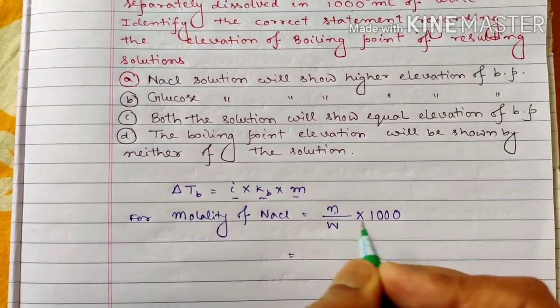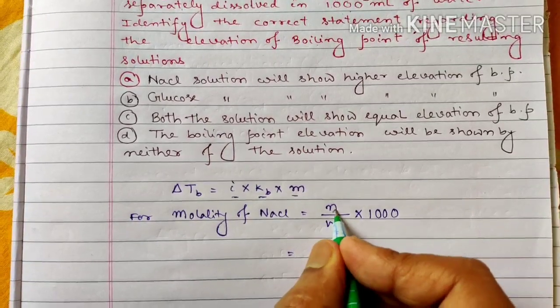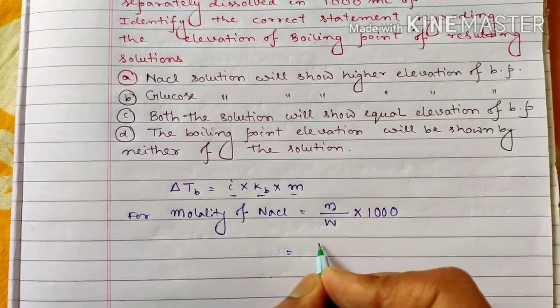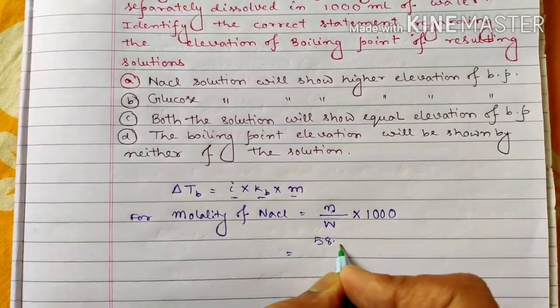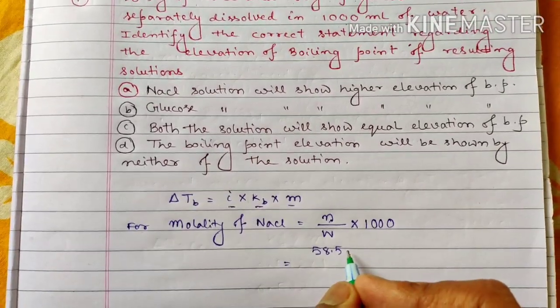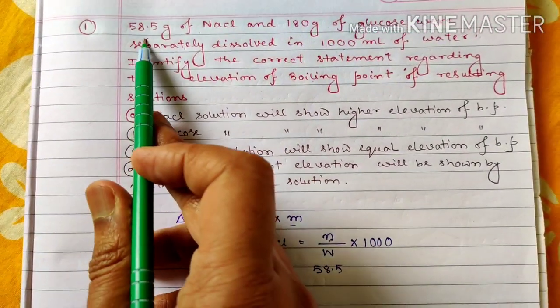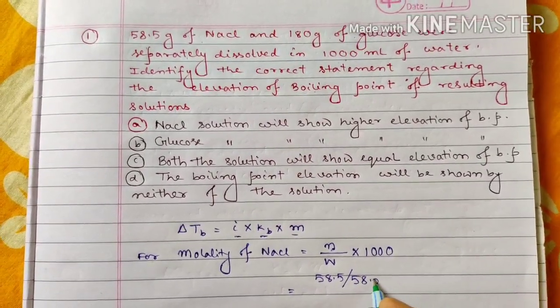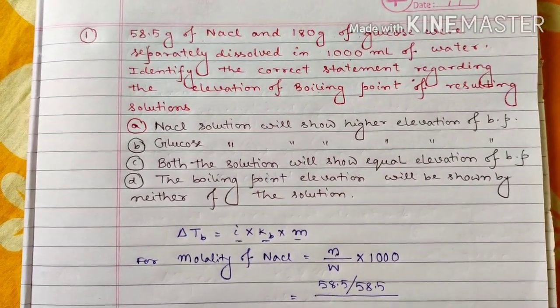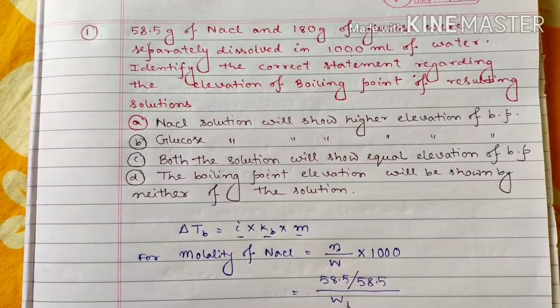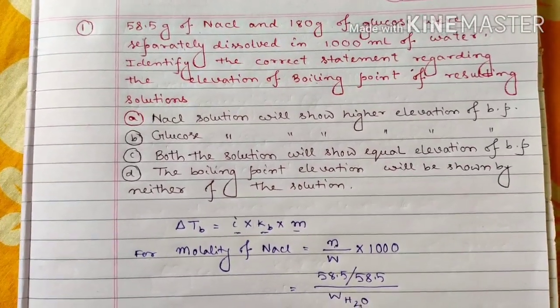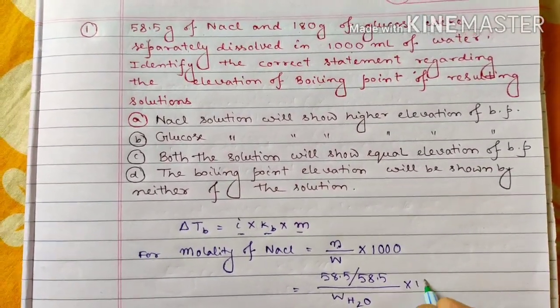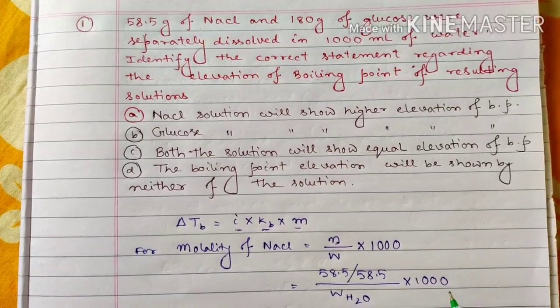Now this n, the number of moles, is given mass by molar mass. The given mass is 58.5, you can see the question here, 58.5, and the molar mass is also 58.5, divided by W of H2O into 1000.